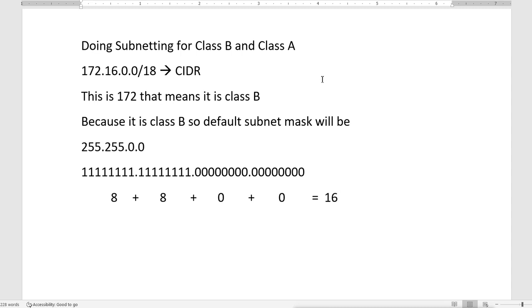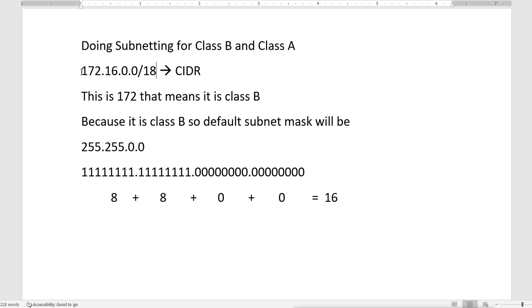Now the default subnet mask has 16 bits on, which means it should be /16. If it is /16, that means there is no subnetting. We directly have a class B network.